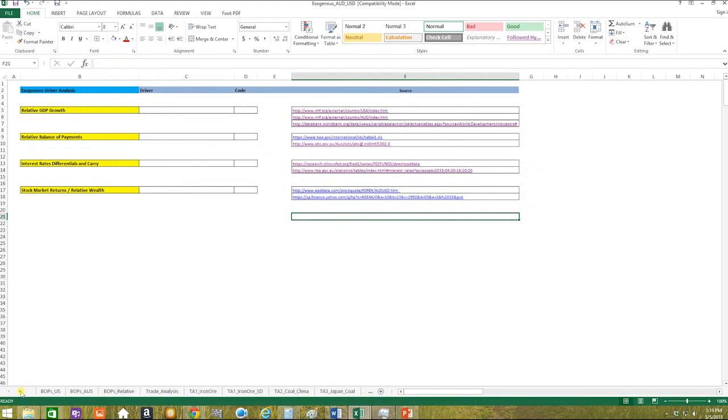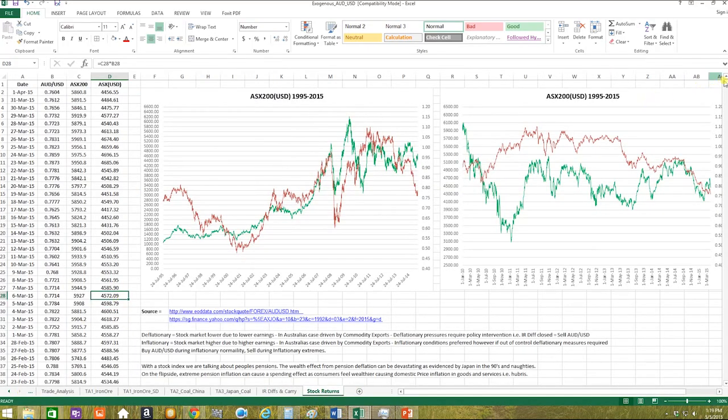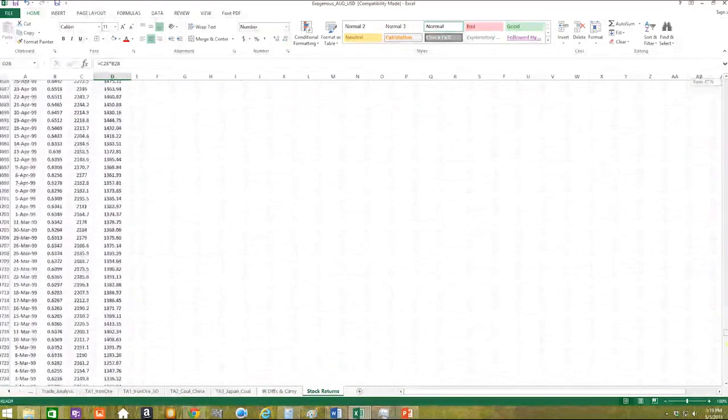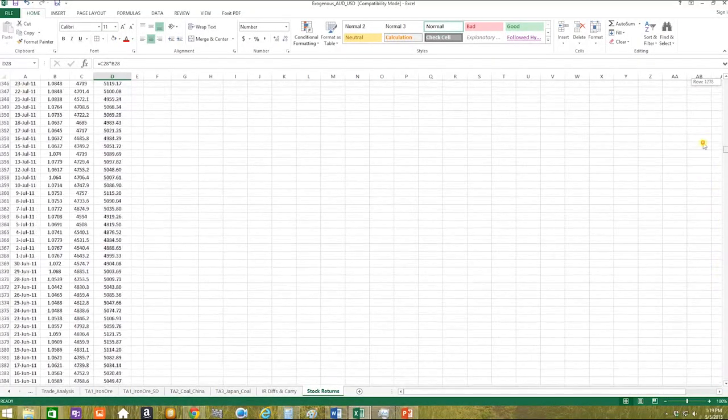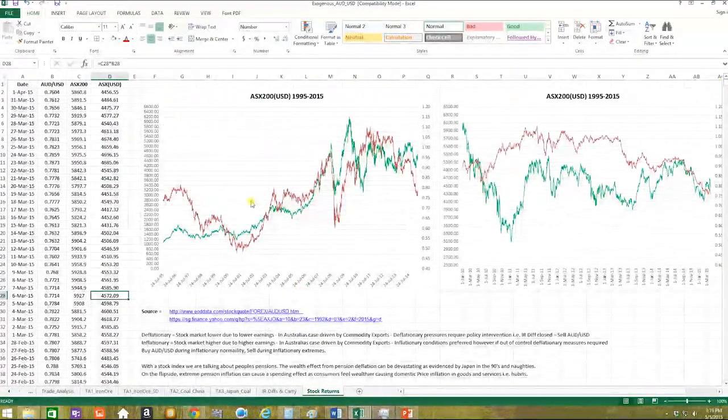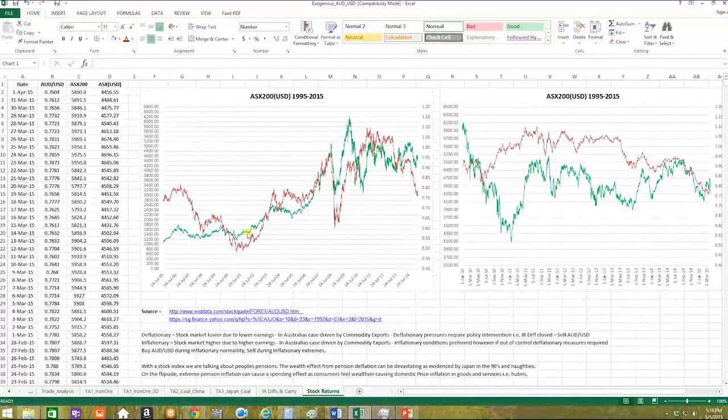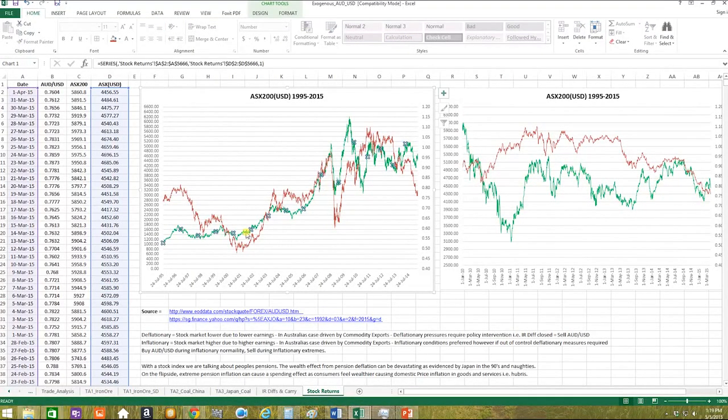So if we just go back over to stock returns, you'll notice the data set as well is going all the way back to 1995, so July 95. And we can start to navigate here on the charts.